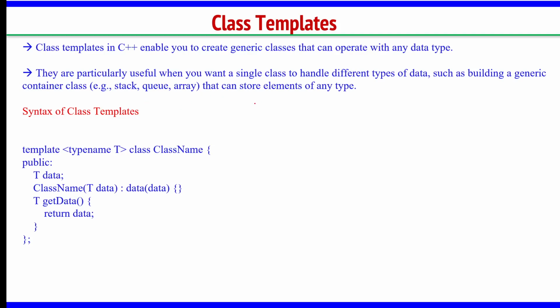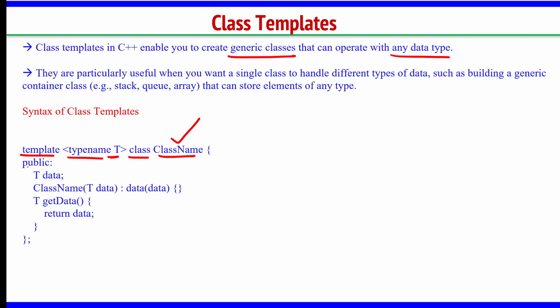So, point is very clear, like functions you are creating generic functions to work with any given data type. Same way you can create generic classes that can work with any data type. Okay. The syntax is same as your function template, template keyword, the type name T, then the class keyword, class name, meaning this class you are trying to make it generic.